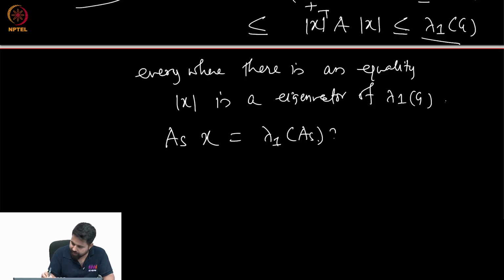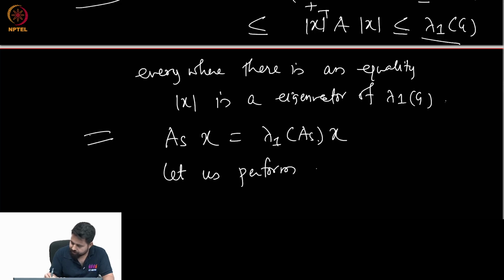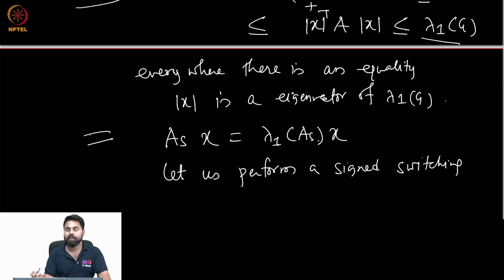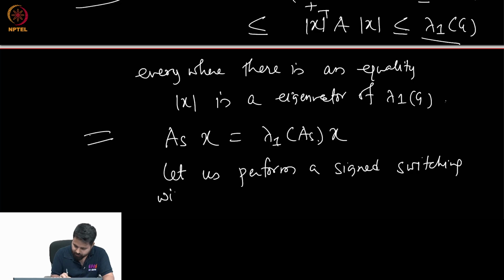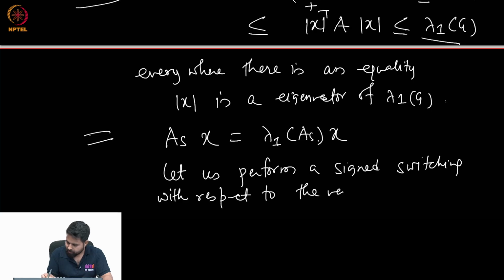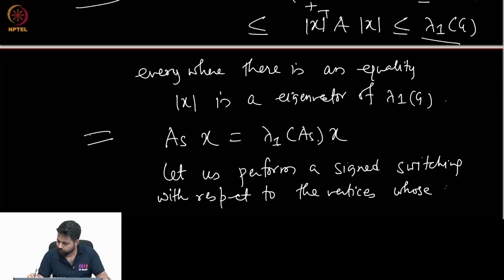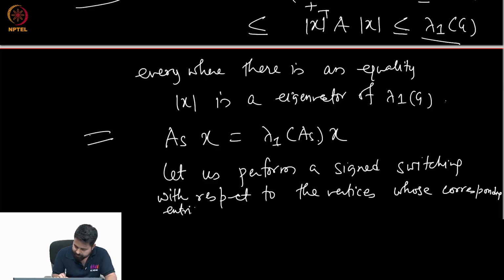Now let us perform a signed switching with respect to the vertices whose corresponding entries in X are negative.